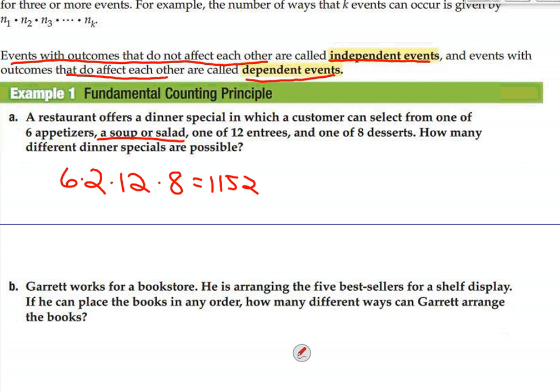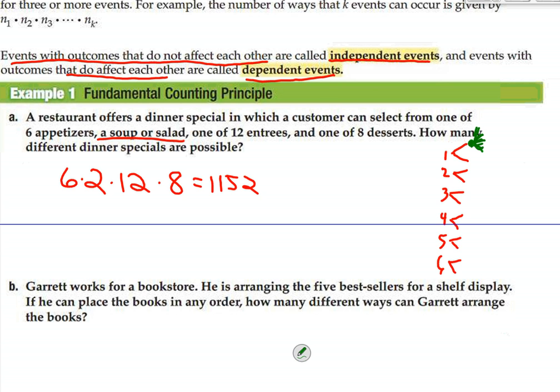If you weren't sure, you could actually set up a nice little tree. So there are 6 appetizers, 1, 2, 3, 4, 5, and 6. And from every one of those appetizers, you can go out with 2 choices of super salad. And then it gets a little hard to map that out. That's why we want a numerical method, because from each of these, we'll say this person had appetizer number 1, they had soup, but then there are 12 entrees that have to come off of there.